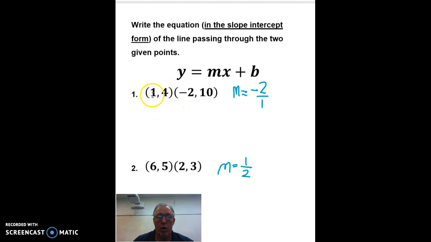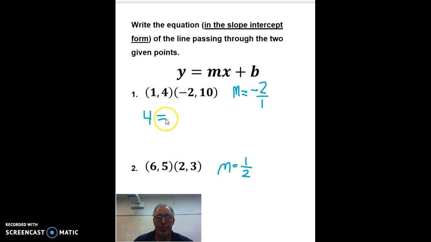We'll start with 1. 1 is the x, and the 4 is the y. So for the y, we're going to put in 4. Y is 4 out of these 2 coordinates. 1 would be the x, 4 is the y.